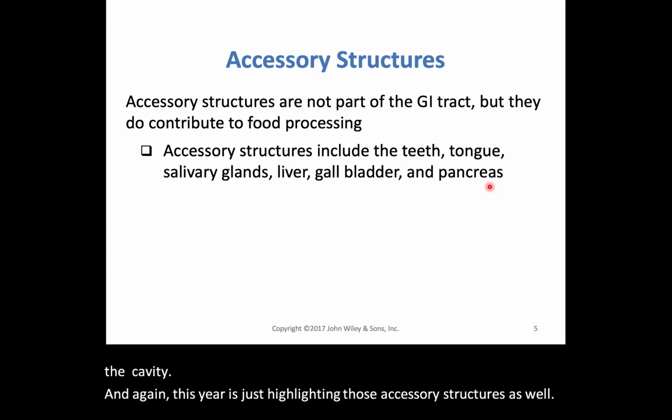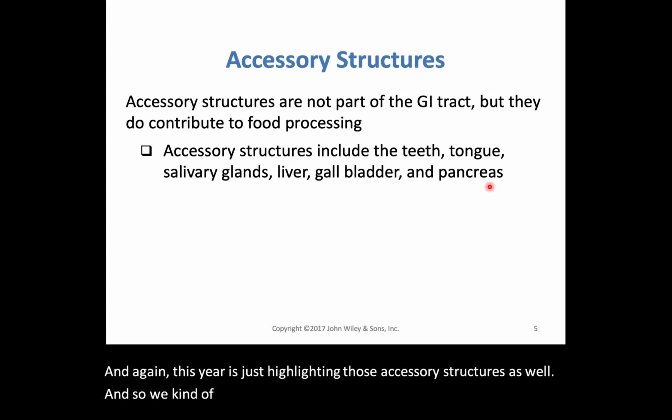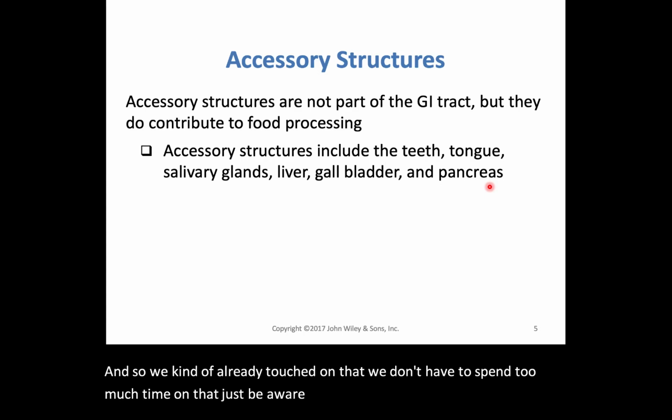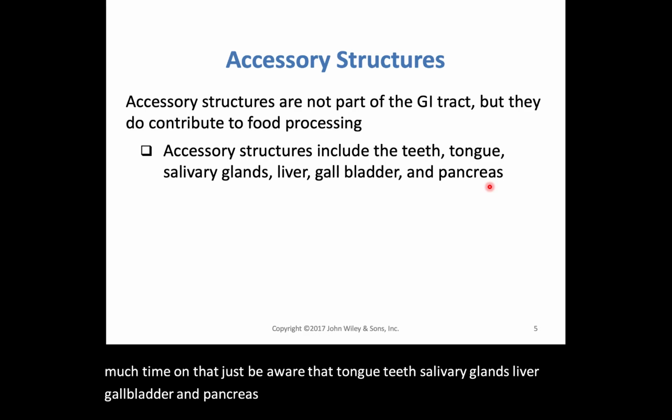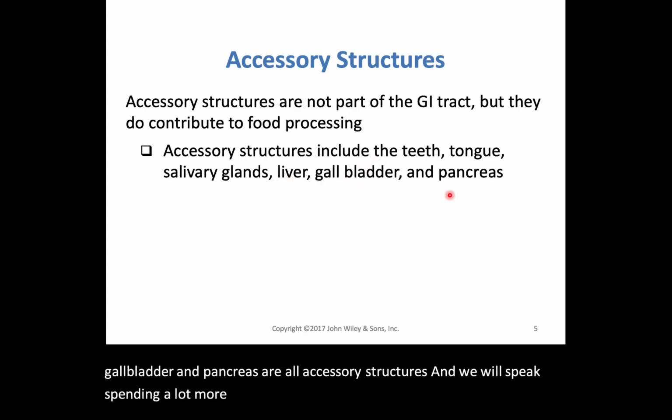So we've already touched on that. Just be aware that tongue, teeth, salivary glands, liver, gallbladder, and pancreas are all accessory structures, and we will be spending a lot more time on the liver, the gallbladder, and the pancreas in future videos.